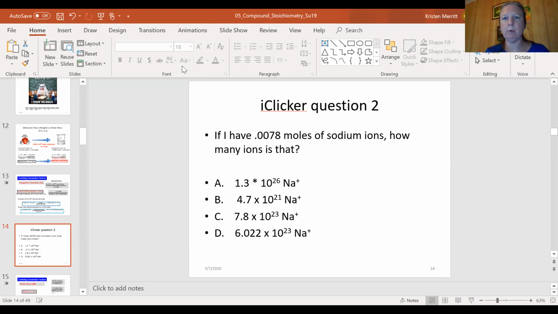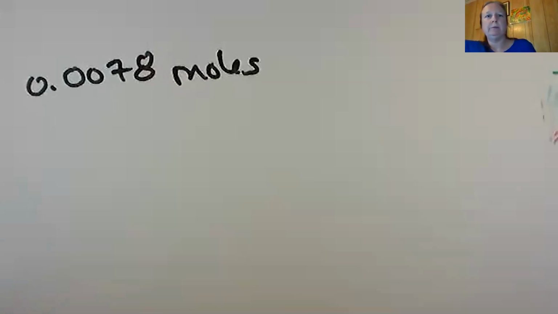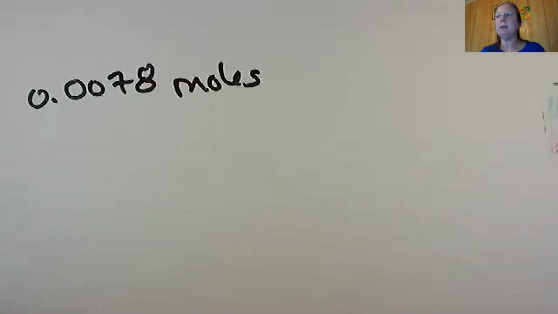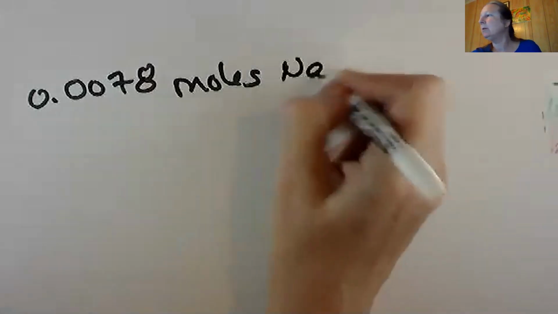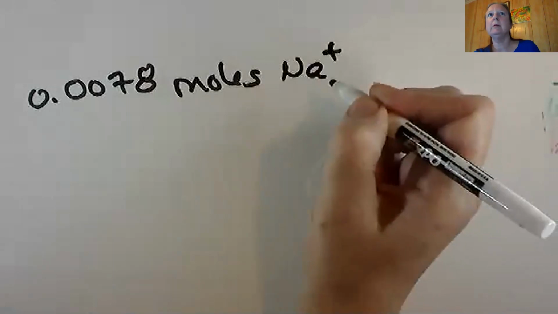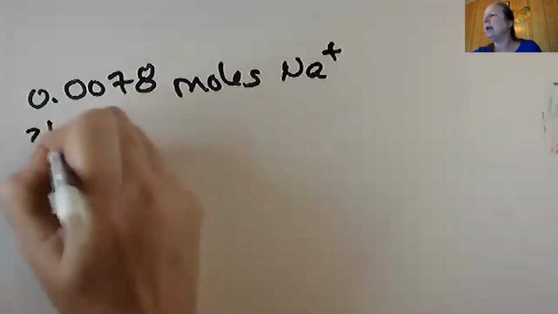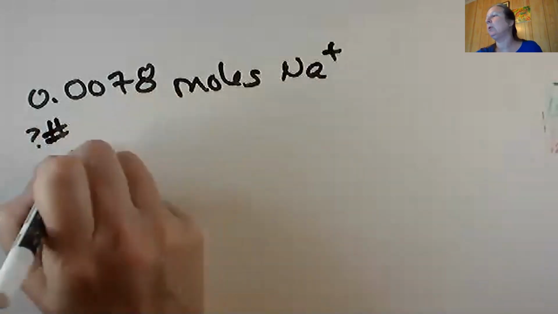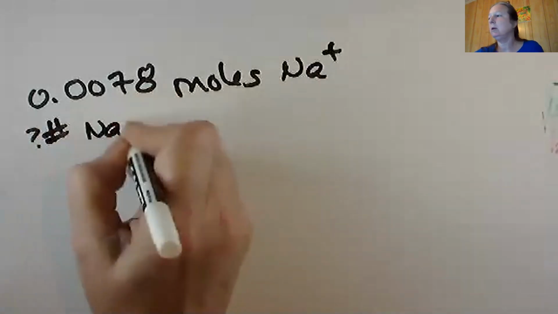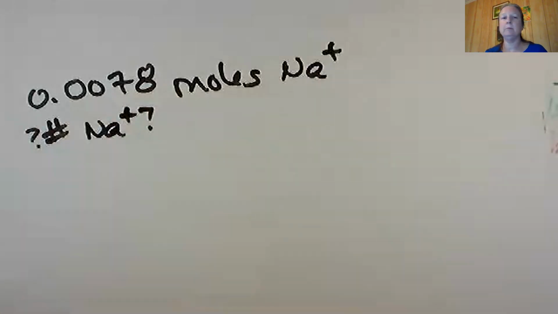So let's go to the whiteboard. The question on the slide is 0.0078 moles of sodium ions. And the question is, how many? What number? Number, you see number, you know Avogadro's number is going to be used. So once again, start with what you have.